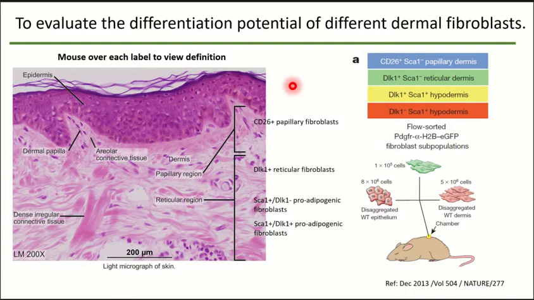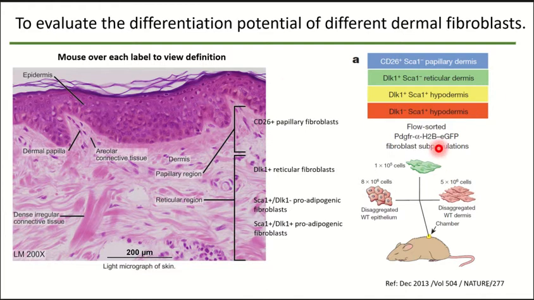Therefore, our finding leads us to hypothesize that dermal fibroblast senescence may be associated with the acquisition of pro-adipogenic characteristics at the expense of fibroblast characteristics. However, in order to test this hypothesis, we first need to consider several factors.